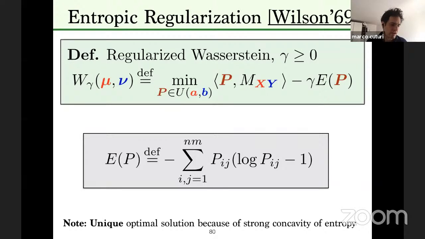It was used first in economics, where people were trying to predict patterns of transportation from marginals. They would look at, okay, this is where people live, this is where they work on aggregate. What should I expect the traffic to be between those points if people were following optimal transport? And what people were seeing is that people were not following optimal transport. They were a bit messier.